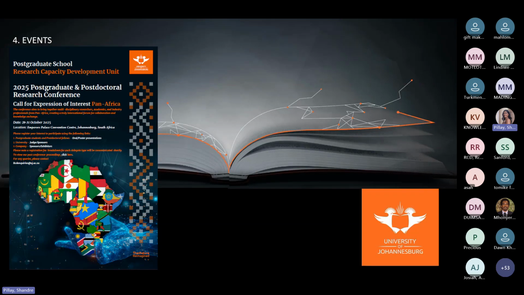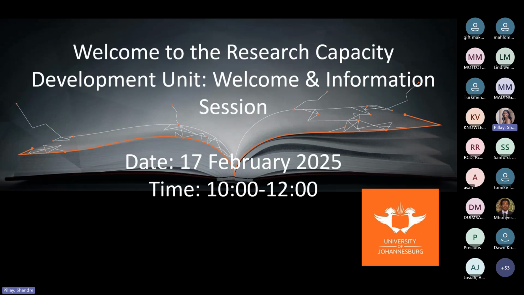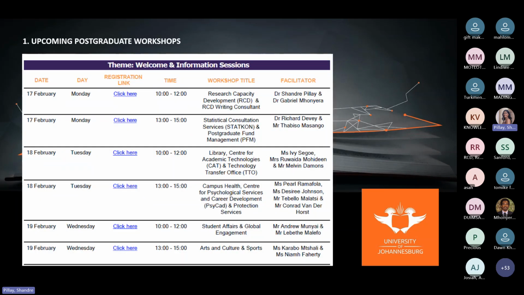For those of us who are abroad, are we able to have Teams sessions? This is a question from Sloan. Most of our workshops are online on Teams. If I'm interpreting the question correctly, most of our workshops, even our writing consultations, are online on Teams.